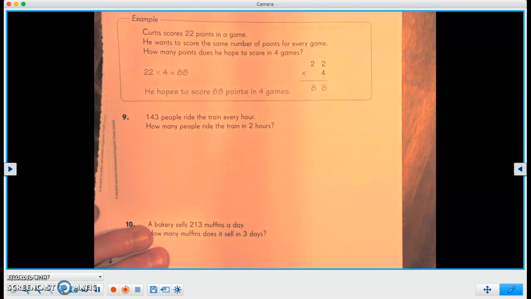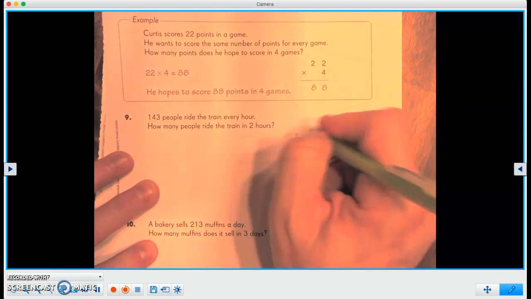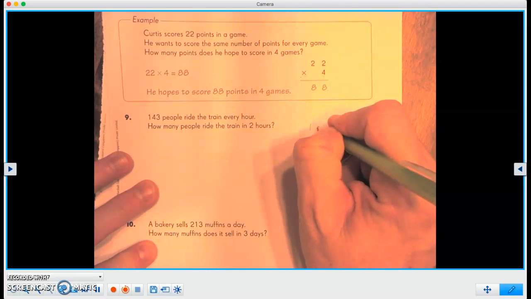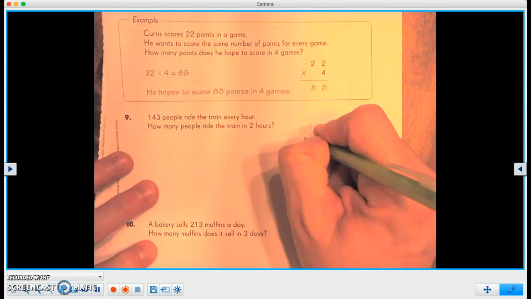Well, let's look at number 9. 143 people ride the train every hour. How many people ride the train in 2 hours? Now, yeah, we could add them together, 143 plus 143, but let's practice with our multiplication. 143 times 2.